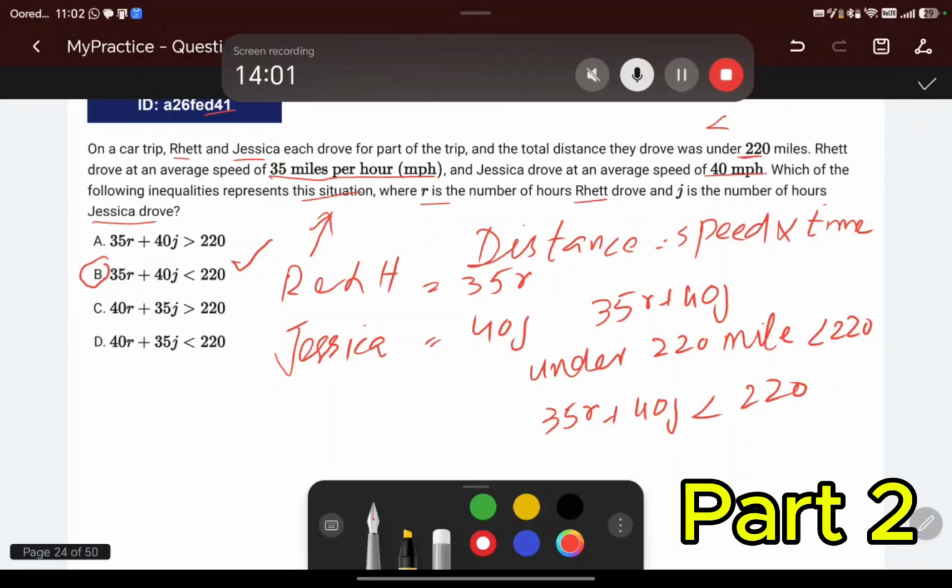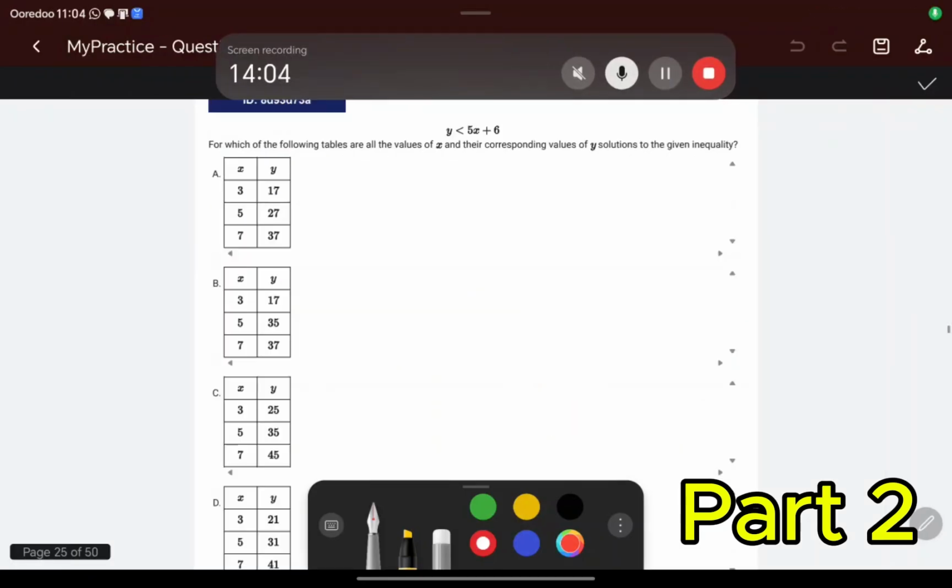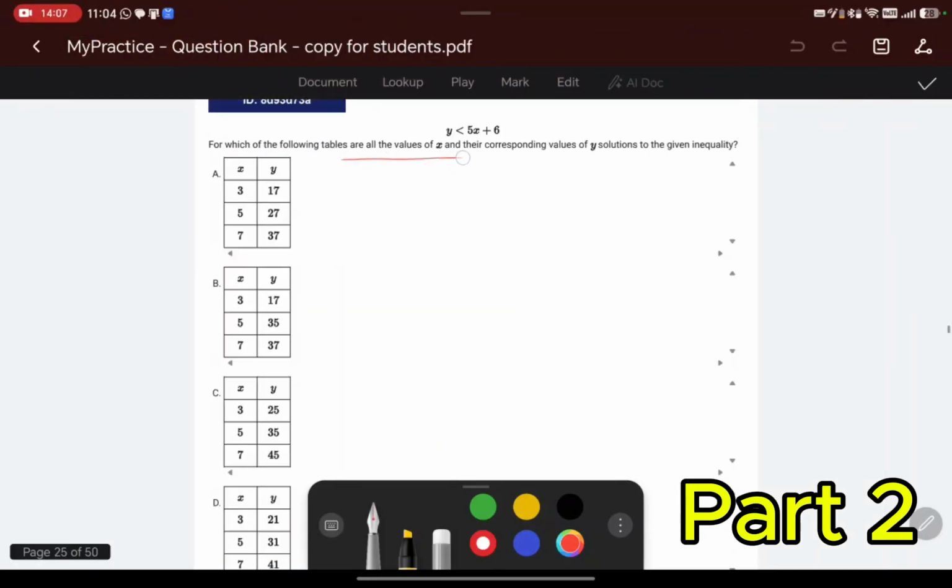Okay. Now the question is, for which table are the values of x and the corresponding y solutions of the inequality? So this is actually the question, and in this question we will start with the values from A, and then we will check one by one. So if x is equal to 3, then what will be the value? 5 into 3 plus 6 equals 21.